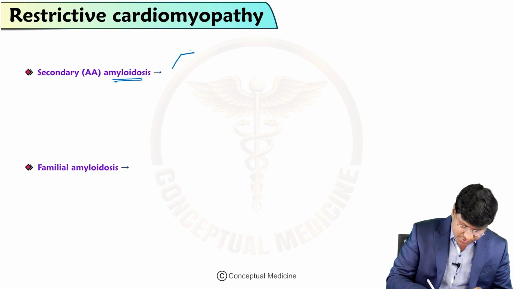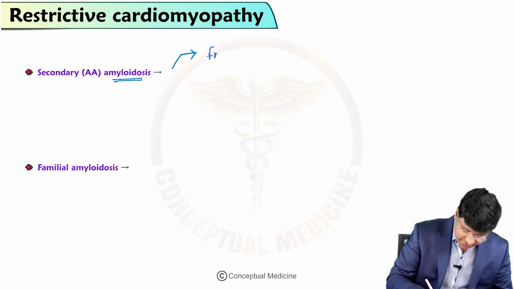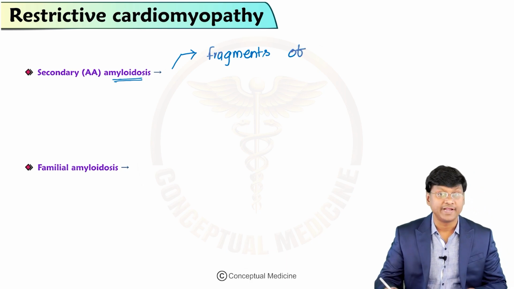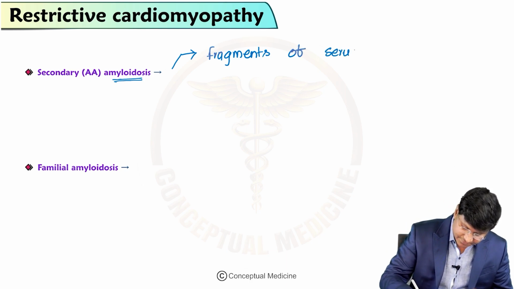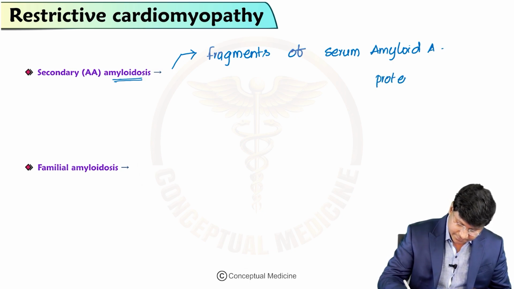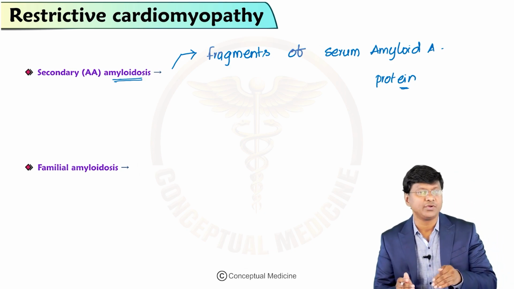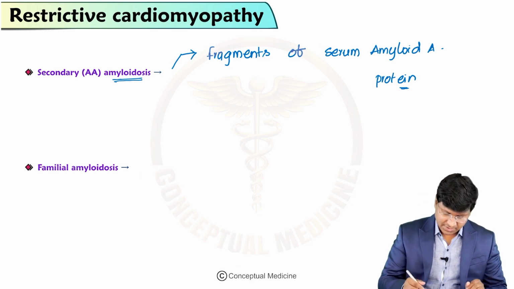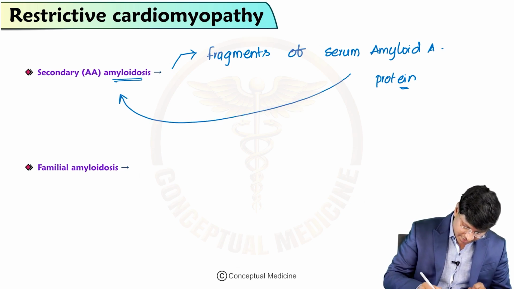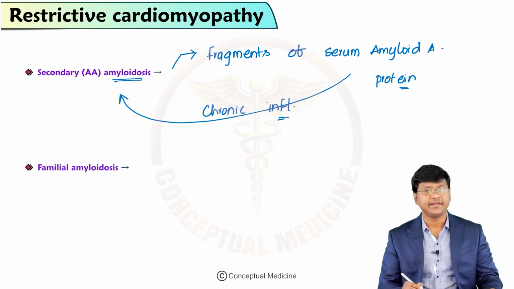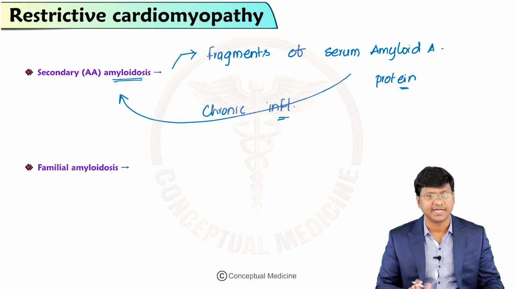So the fragments of serum amyloid A protein are associated with a chronic inflammatory disorder, which is nothing but secondary amyloidosis, and this is a rare cause of cardiac disease.